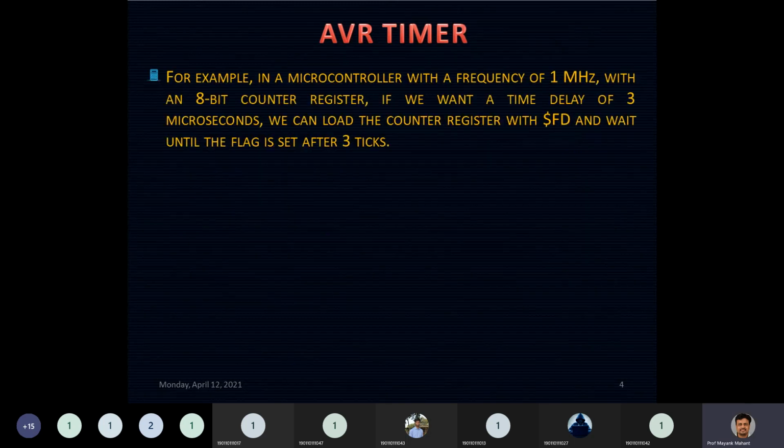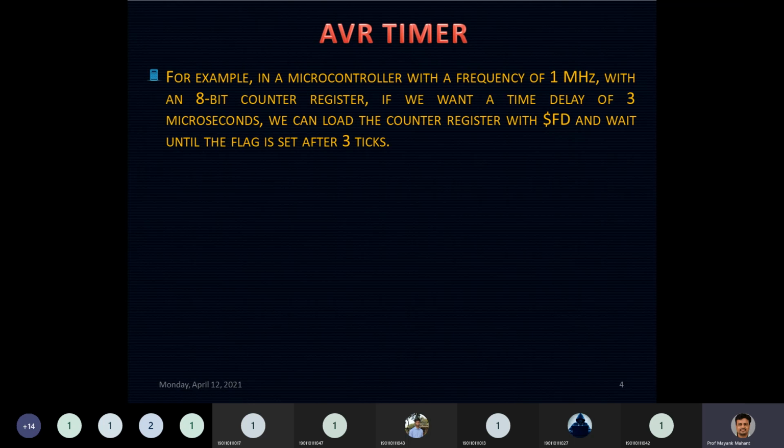In normal mode, for example, in a microcontroller with a frequency of 1 megahertz, there are two different types of counter registers available in our AVR. Even though AVR is an 8-bit microcontroller, we have a 16-bit counter as well as an 8-bit counter. I will clearly classify which counter is 8-bit and which is 16-bit.